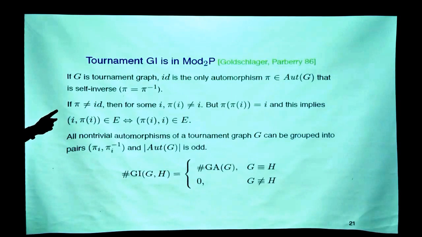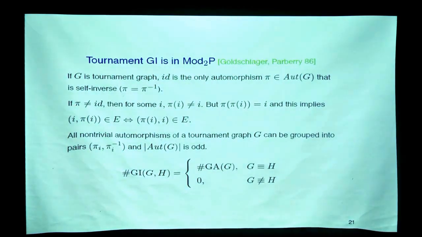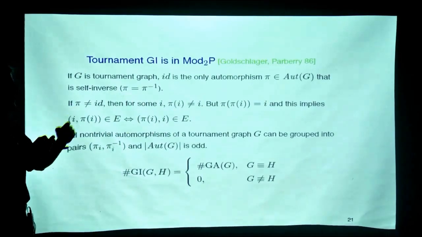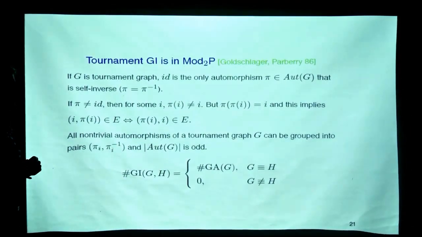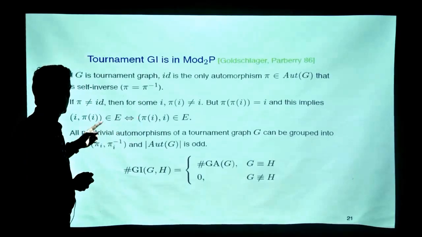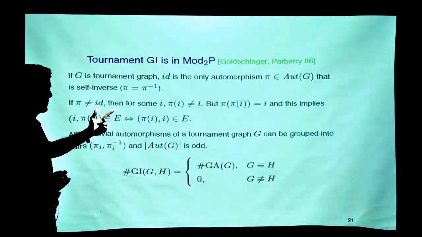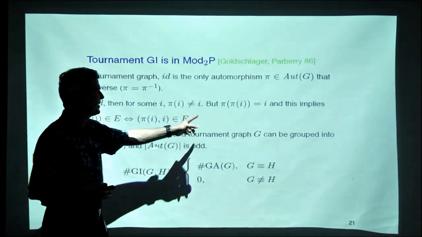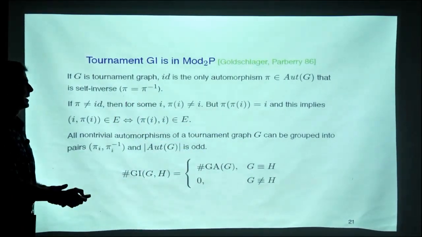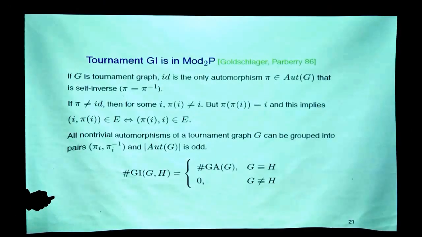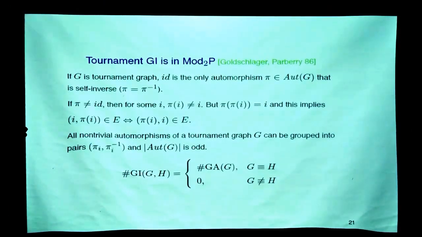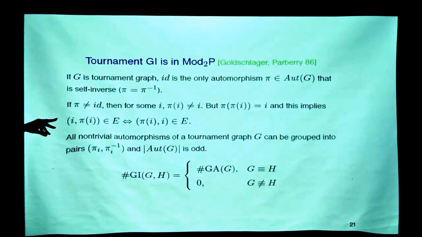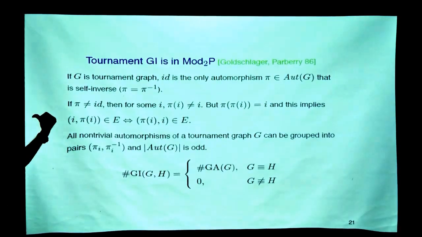Because if it is not the identity, then there should be some point in the graph not being mapped to itself. If φ coincides with its inverse, we would have that φ of φ of i is the same element again. And this implies that there is an edge between i and φ(i), in this direction or in the other direction.